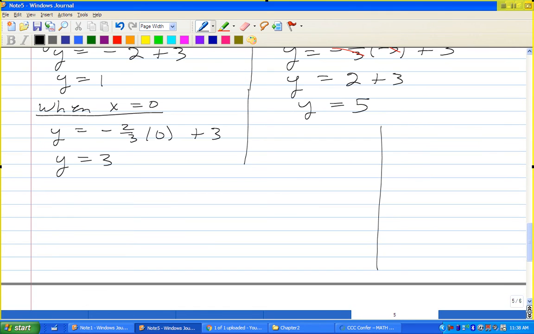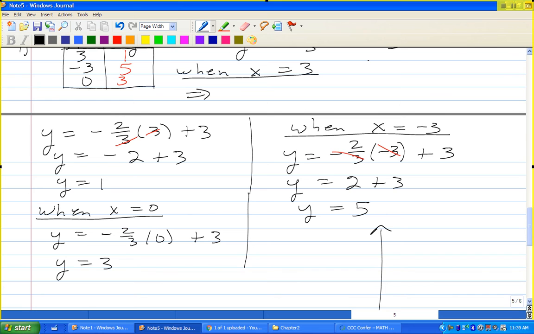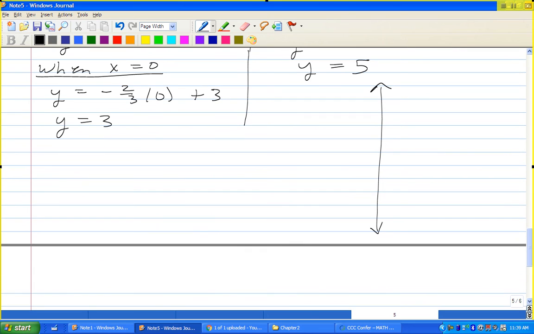So let me sketch the graph here. Place the tick marks as evenly spaced as possible.